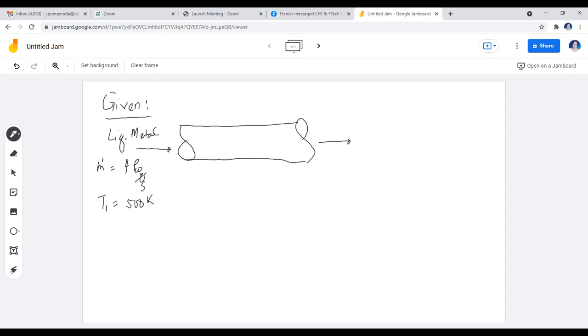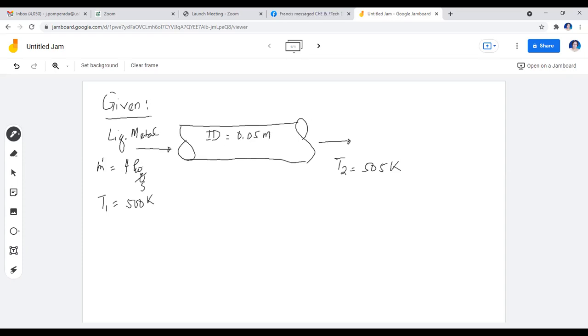Okay, so in this case, this is the inlet temperature of the liquid metal. The outlet temperature is 505 Kelvin. And then you're given the inner diameter of the tube, which is 0.05 meters.